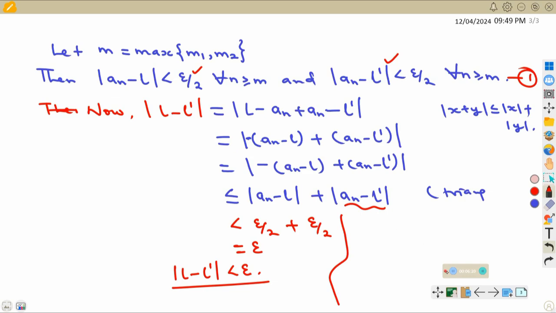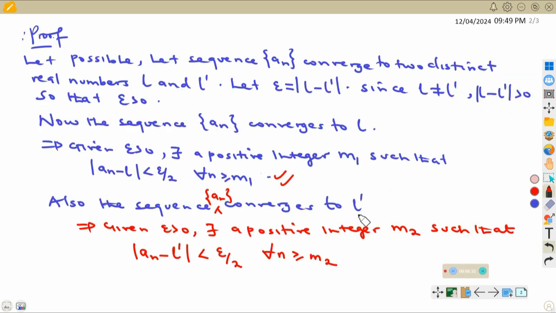Now from here, let us come back to our expression. We had let, if possible, this sequence converge to two distinct real numbers, L and L prime, and we had let our epsilon be the magnitude of L minus L prime, meaning that I will substitute it with epsilon.